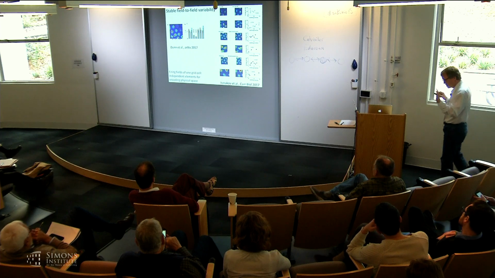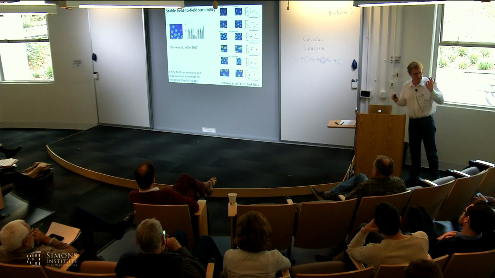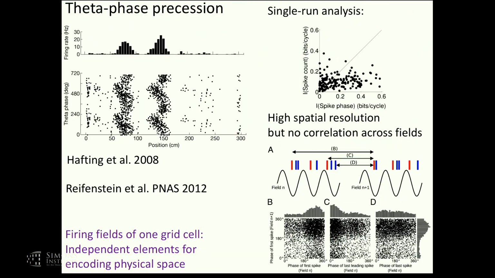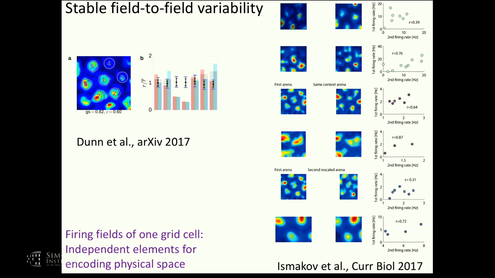Okay, and then sure enough, the picture that I've drawn so far also is incorrect, as the grid is not as nice as you might have thought. That is by Dunn et al. and also Ismakov et al. That show that the hexagonal pattern is not always such that the firing rate maxima are identical. It may still be hexagonal, but with firing rate modulations.